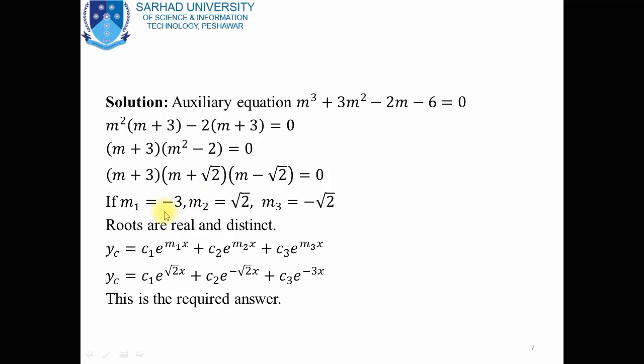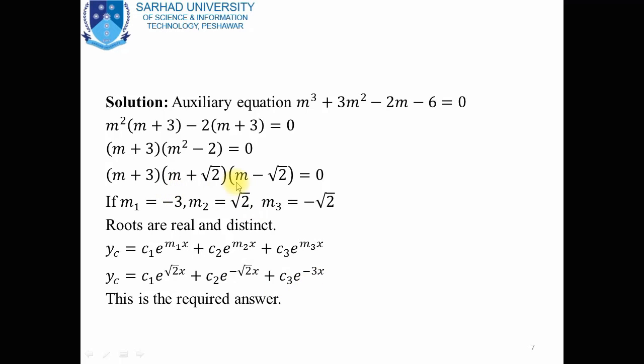So the complementary solution for this homogeneous differential equation is equal to c1 e power m1x plus c2 e power m2x plus c3 e power m3x. Now putting the values of m1, m2 and m3, c1 e power under root 2x plus c2 e power minus under root 2x plus c3 e power minus 3x.